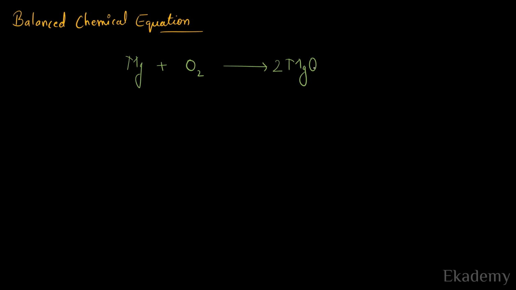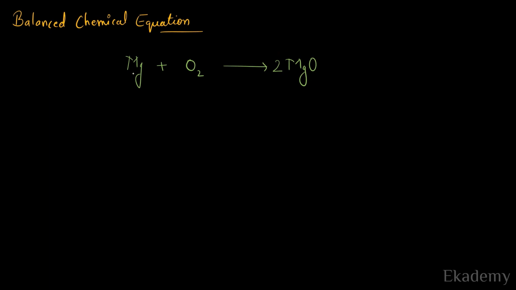So now we have 2 oxygen atoms on the product side and 2 on the reactant side, but it has disturbed the number of magnesium atoms, because now we have 2 magnesium atoms in the product and only one at the reactant side.